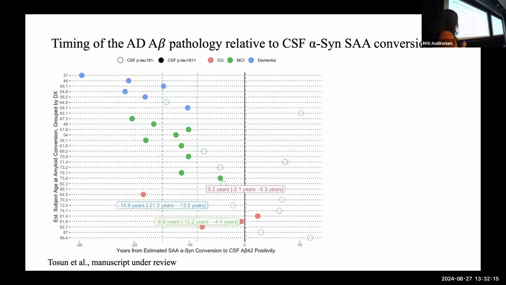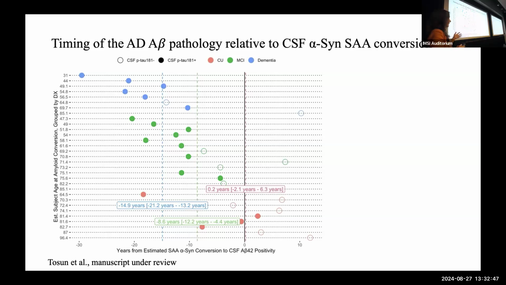We've been looking at the timing of these pathologies, and this is a very special cohort. We have a small subset that developed Lewy body pathology during their involvement in the ADNI study particularly. And we are using what we call the amyloid age. We are using amyloid as our timeline to look at whether amyloid is happening before alpha-synuclein Lewy body pathology onset or vice versa.